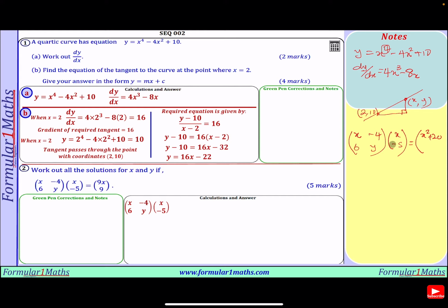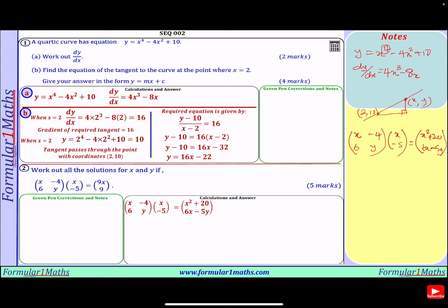Then 6 times x is 6x. Then y times minus 5 is minus 5y. So that is your vector when you multiply this matrix by this vector. And so we get that.